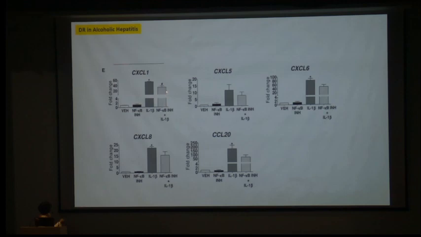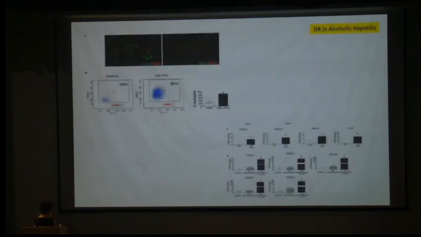CXCL6 also was still there even with the NF-kappa B and IL-1 beta inhibitors, because neutrophils need these chemokines for recruitment. They did it for the organoids and the liver tissue. Again, they showed keratin and MPO, and in the liver organoids they have made, the neutrophil concentration was much higher.